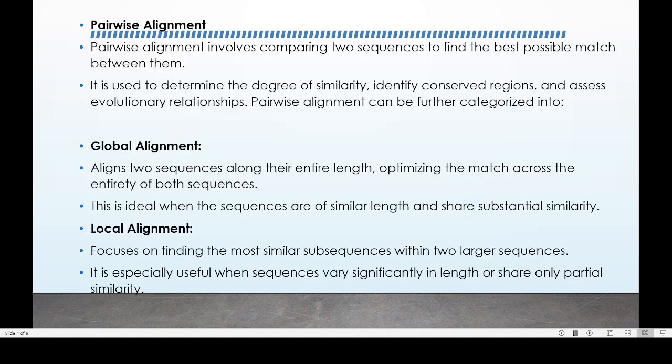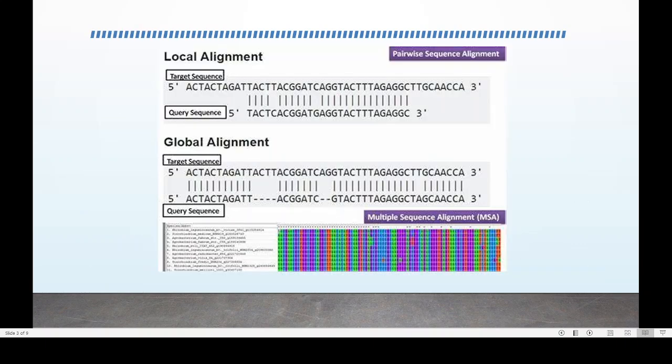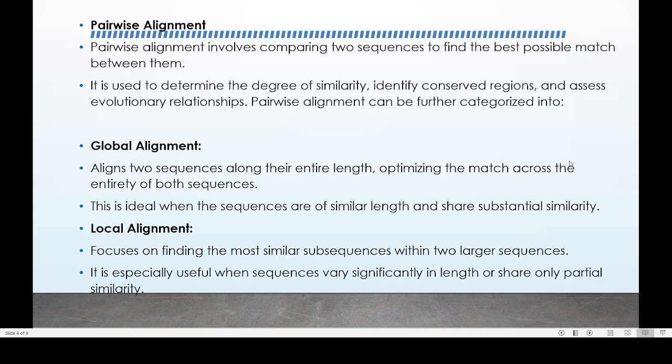So that is the idea behind pairwise alignment. We are comparing two sequences. Now if you take pairwise alignment, we can classify that into global alignment as well as local alignment. The picture that you are seeing here shows one local alignment and one global alignment. In the case of local alignment, we focus on finding the most similar sequence within the two larger sequences.